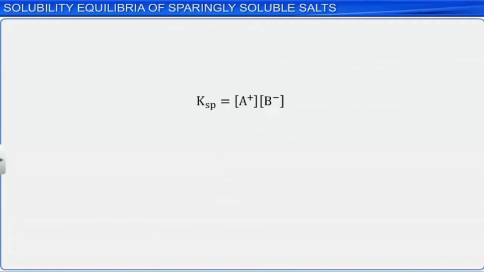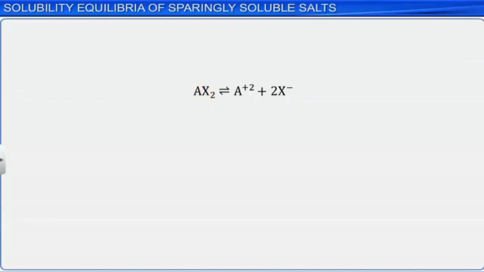The expression for solubility product may be written as Ksp equal to the product of the concentrations of the ions involved in the equilibrium, each raised to the power of the coefficient in the equilibrium equation. For example, consider a generic salt of type AX2.